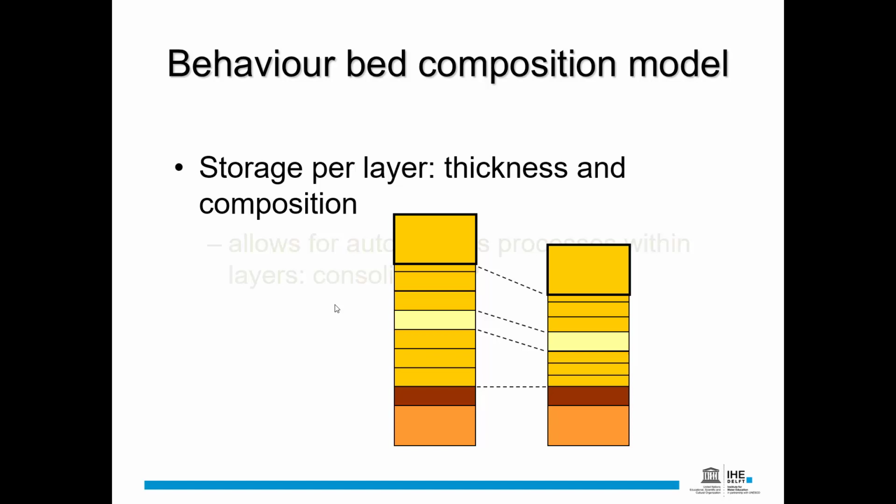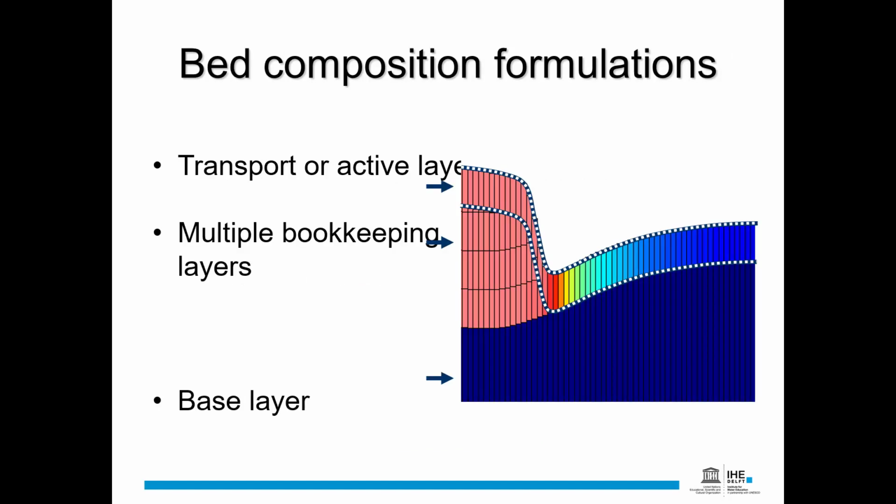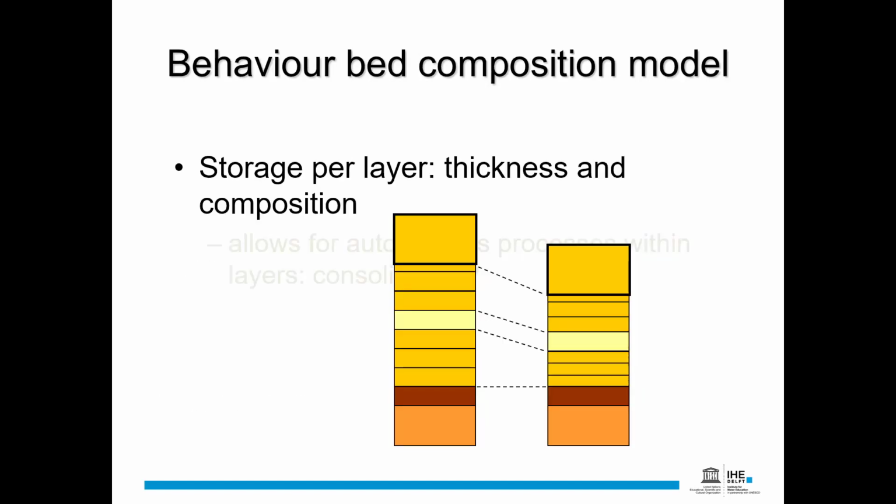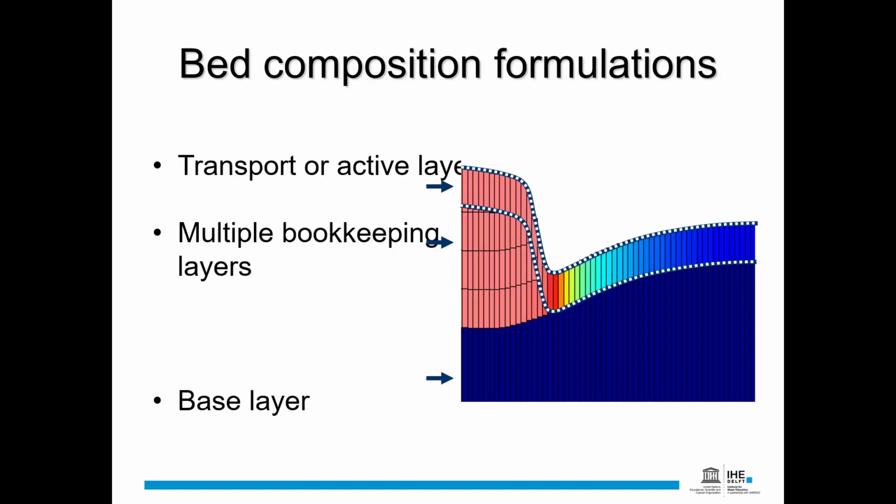And this compaction is not taken care of in the normal version of Delft3D, but there are some Delft3D models that take care of this compaction, which you can find if you want to do some research where this compaction is very important. You can ask for those versions of Delft3D from Deltares.